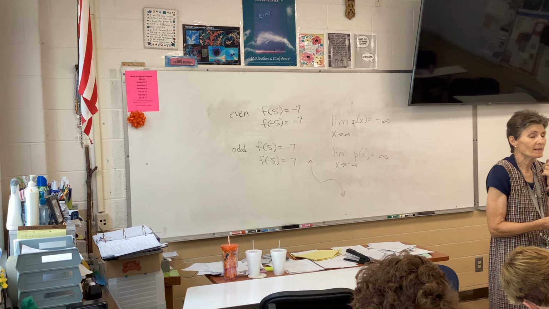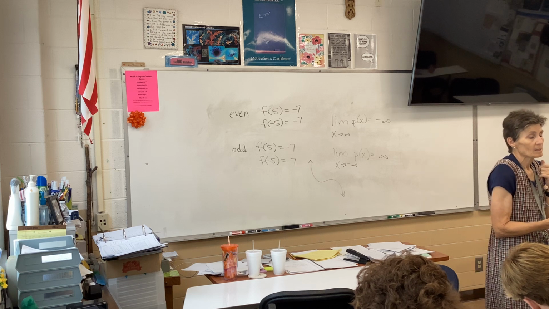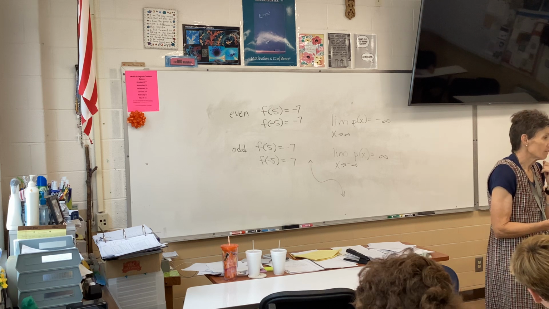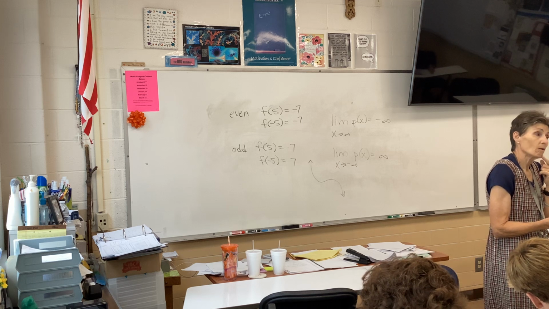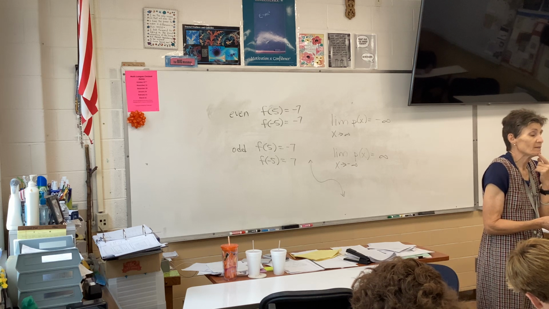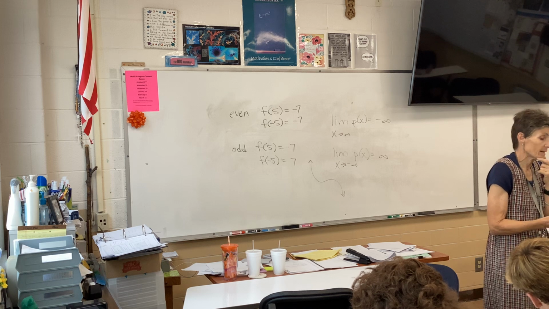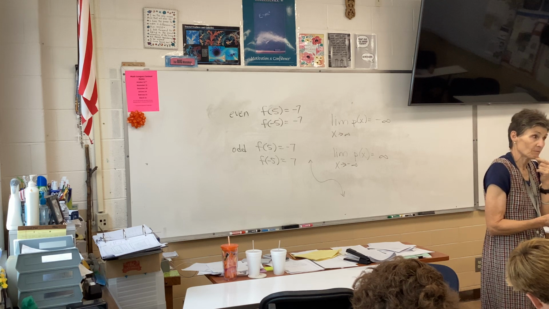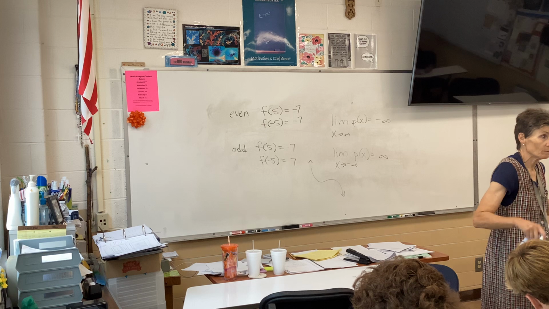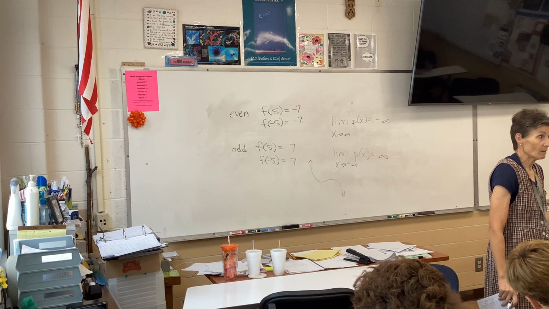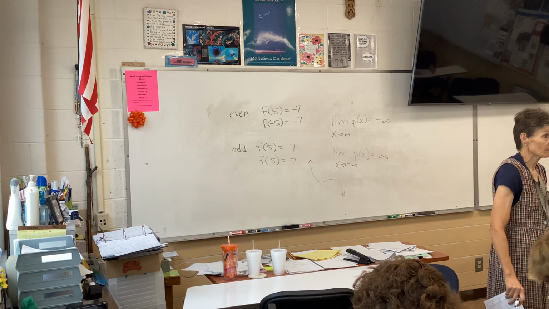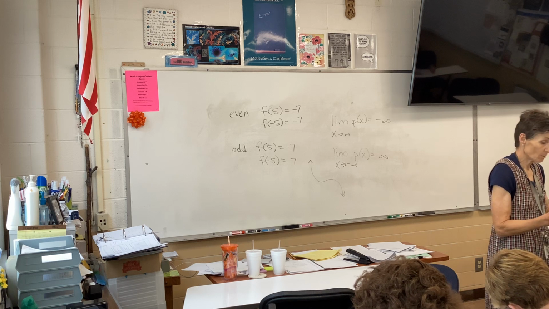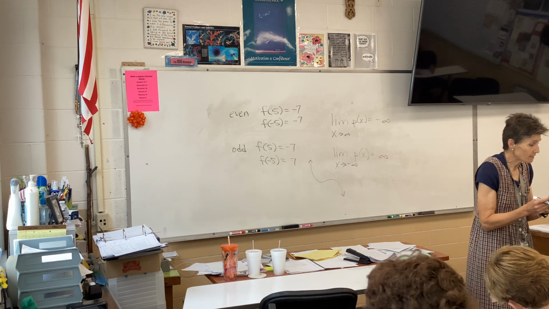Guys, if you multiplied it all out, what would be the highest power you have? 4. That's a 4th degree polynomial. Now, what would be the leading coefficient on that x to the 4th? -3, which means it would be a down, down. So its end behavior would both be negative infinities. Right? Okay.